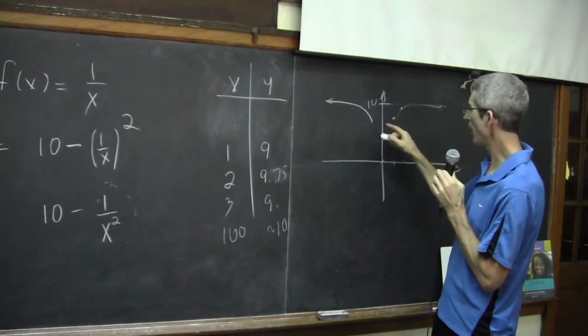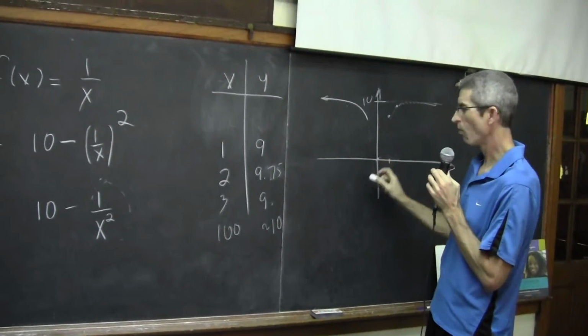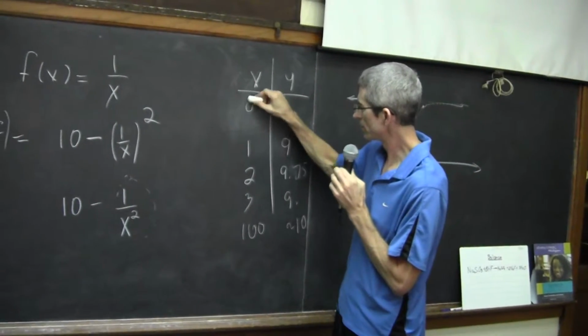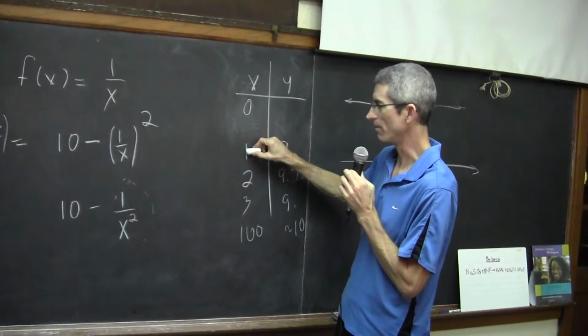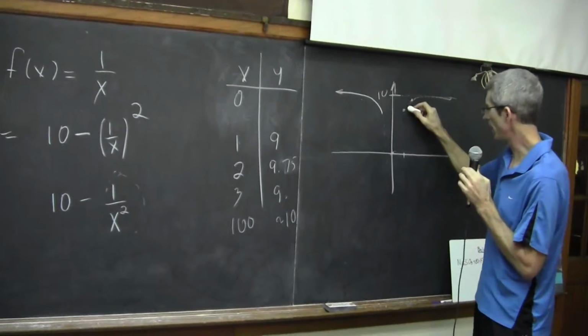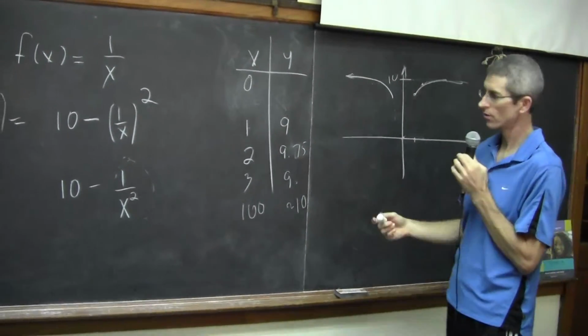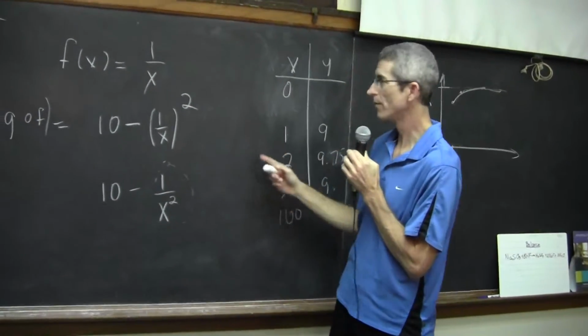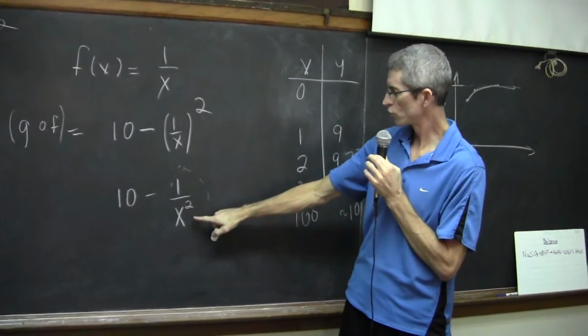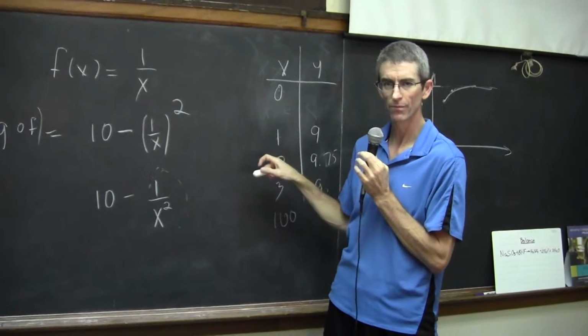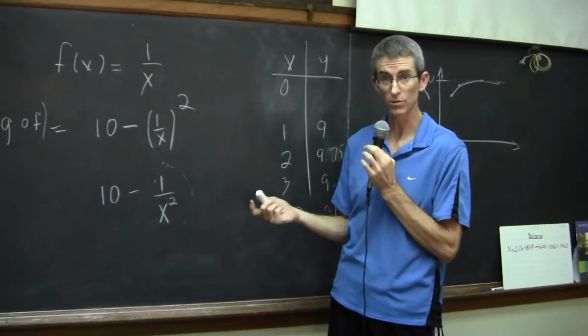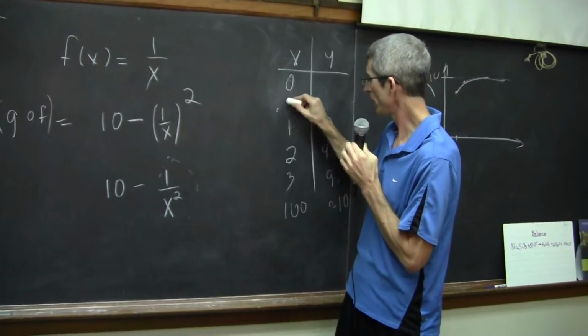Now the question is, what happens between x being 0 and x being 1? You might assume the graph is going to dive down. So let's think about it for a minute. If x is really small, what happens between 0 and 1? Fractions, right? Decimals. So it's like 0.5.